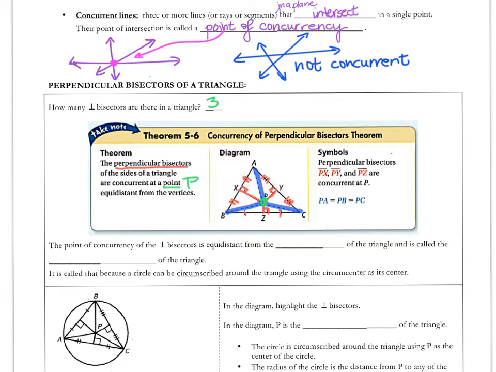Now, why is that happening? Well, remember the perpendicular bisector theorem.